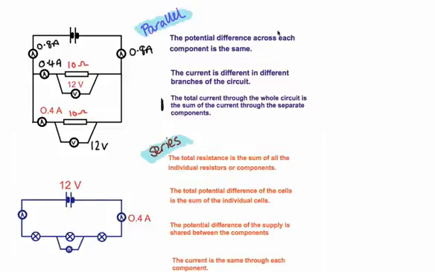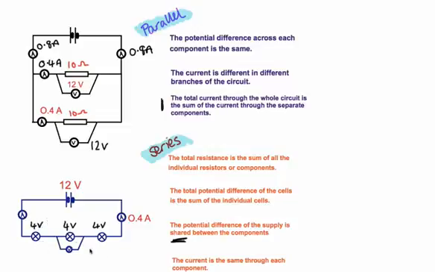Similarly for a series circuit, here are some different values. Here are the rules, we've gone through those already, but if I've got a 12 volt supply by this cell, what would be the potential difference across each of these lamps? Well, we know that the total potential difference of the supply is shared, so this would have 4 volts, 4 volts, 4 volts.